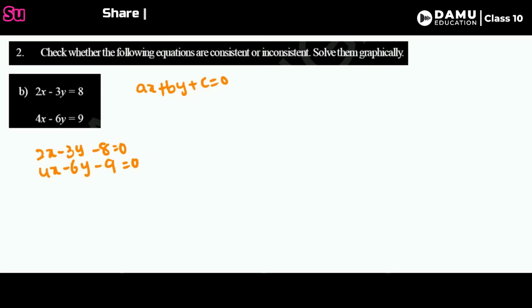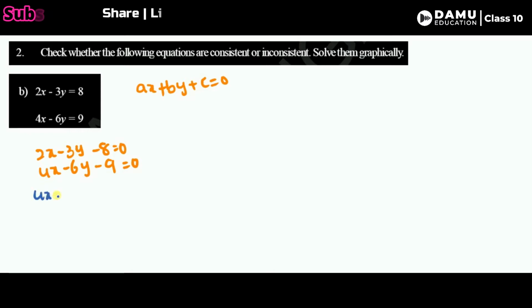If a1 by a2 and b1 by b2 are equal, then you can say they are inconsistent, but c1 by c2 is not equal.